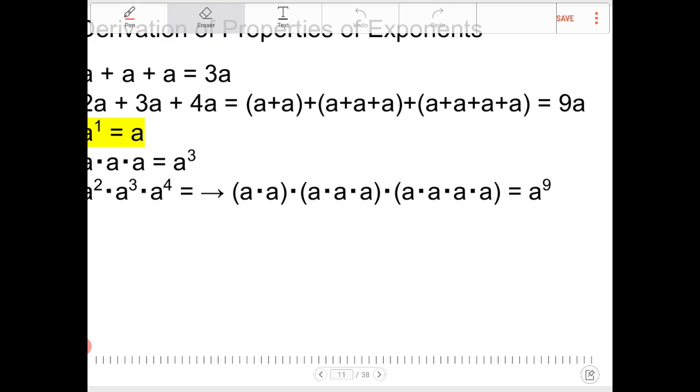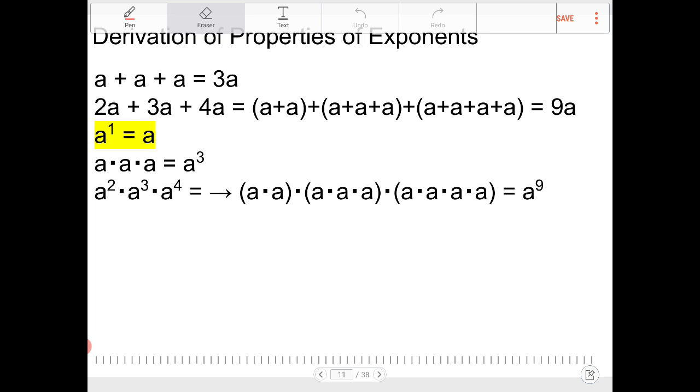That, in turn, is equal to a to the ninth. Again, it's important that you be familiar and aware of this notation. The 9 out in front implies that we are adding 9 a's together. This 9 as a superscript is telling us that we are multiplying 9 a's together.